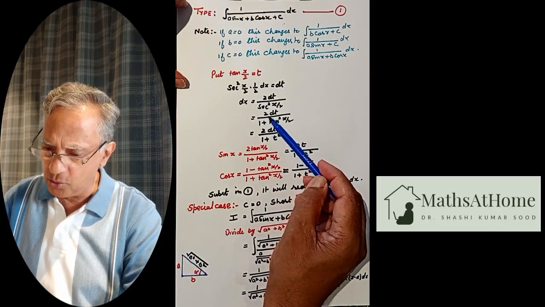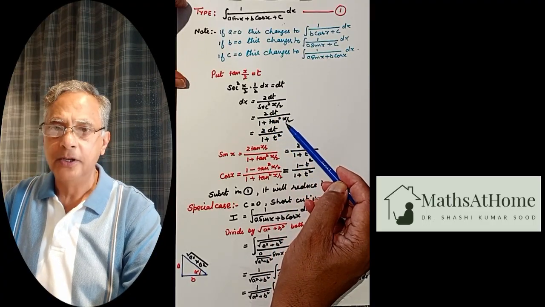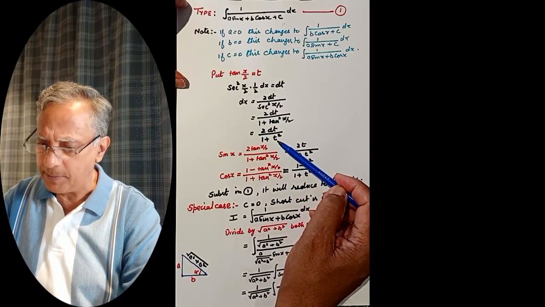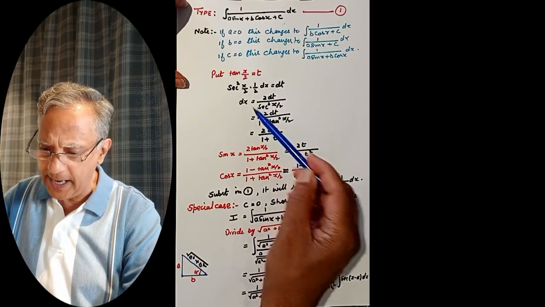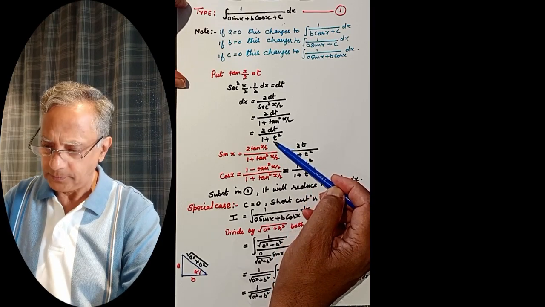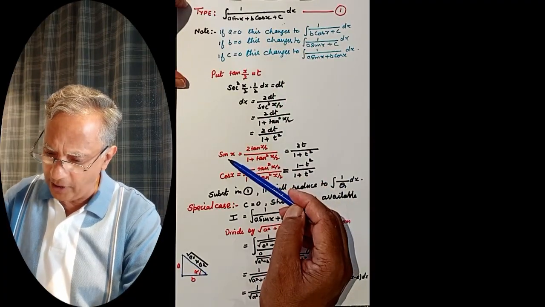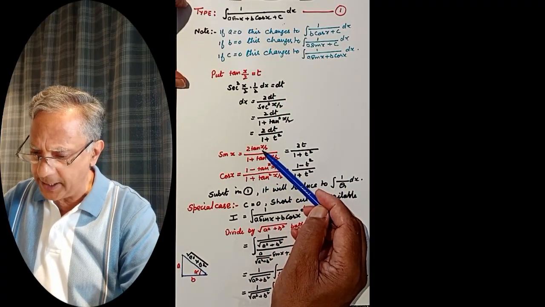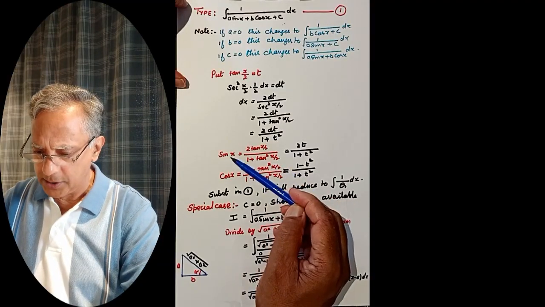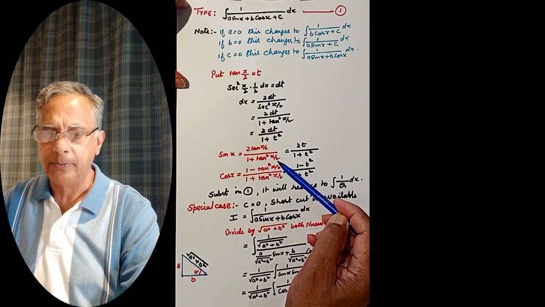Therefore we can write dx is equal to 2 dt over secant square x by 2. And secant square can be written as 1 plus tan square x by 2. So dx is equal to 2 dt over 1 plus t square. Now we know sine x is 2 tangent x by 2 over 1 plus tan square x by 2.